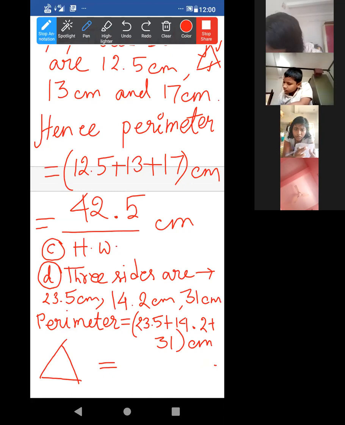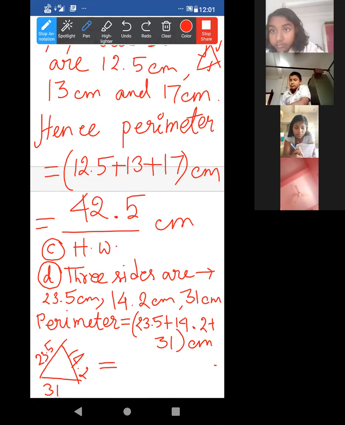Three sides. This one is 23.5, this one 14.2, and this one 31. Now write the answer.